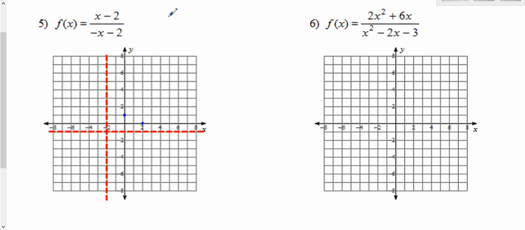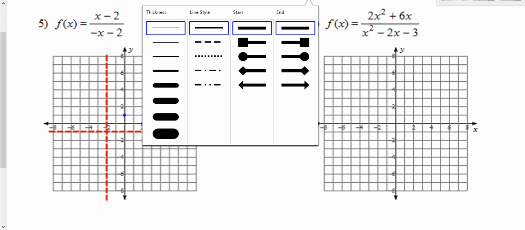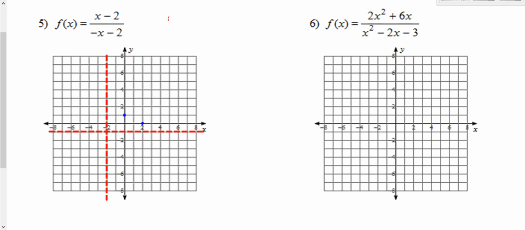So I'm going to test if I go 0.1 units away from negative 2, I get negative 2.1 and negative 1.9.